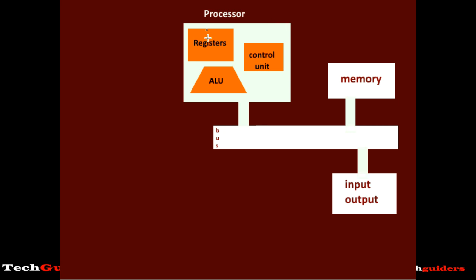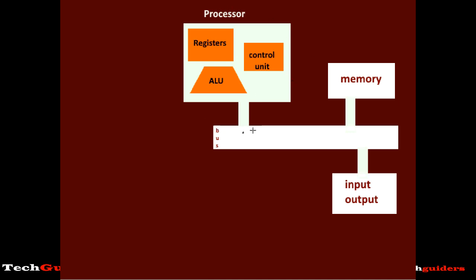So these are the basic functional units required within the processor. Registers to keep the instruction and the data, and also to keep track of the program. ALU to perform the arithmetic and logic operations, and the control unit which produces the necessary control signals to control the entire data flow within the processor and also to and from the processor.